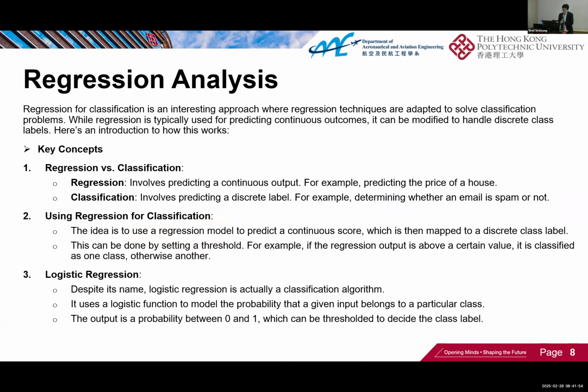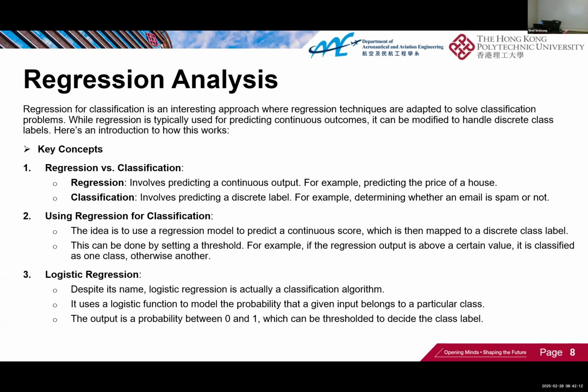Regression for classification is an approach where regression techniques are adapted to solve classification problems. Later on we are going to have examples. The key concept is that regression is a continuous process.